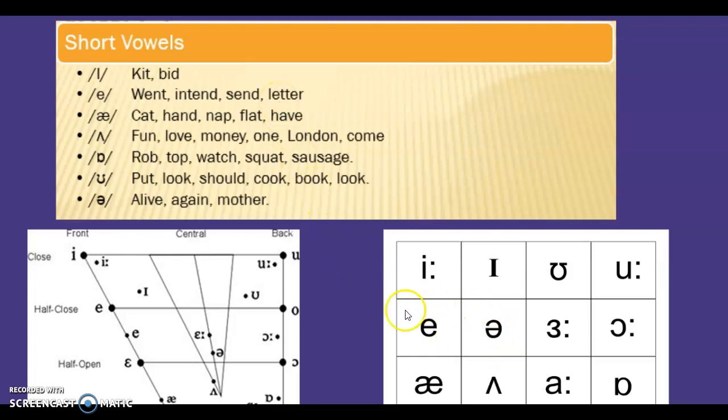So if we search this sound, it is here and it is also here, and it's something in the middle. It's not completely high, not completely low, not completely close or open, but it is surely to the front. So when you produce the sound, your tongue needs to move to the front.